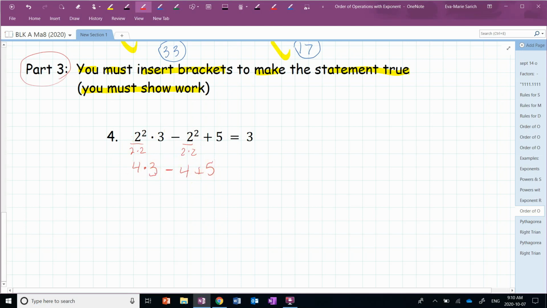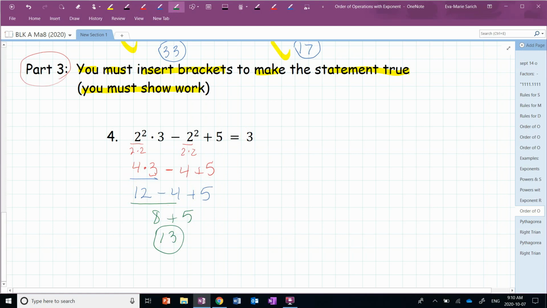Now, the next thing we need to do is multiply and divide from left to right. There's only one multiply, so 4 times 3 is 12. Then we have a subtract 4 and a plus 5. We'll do our add and subtract from left to right. Our subtract comes first. 12 minus 4 is 8, and then 8 plus 5 is 13, not 3.